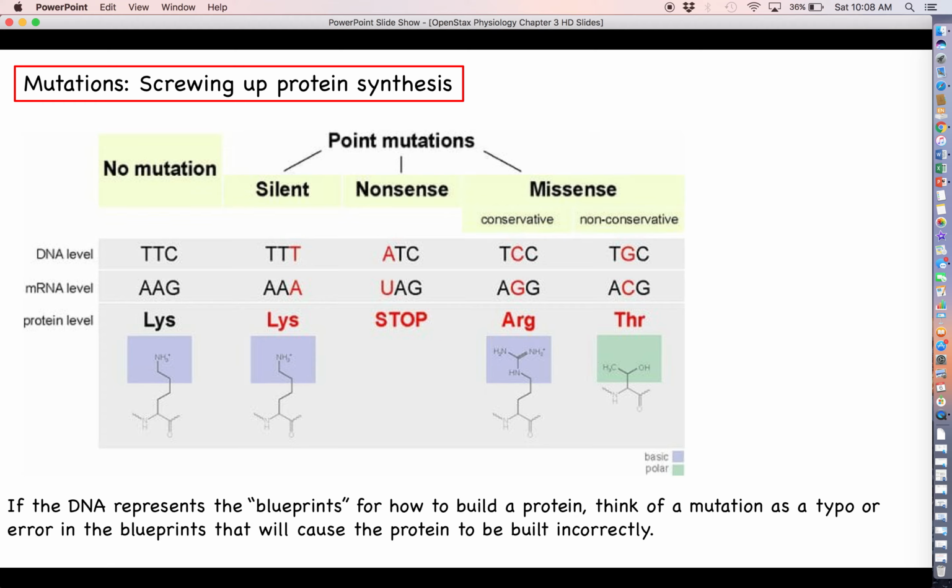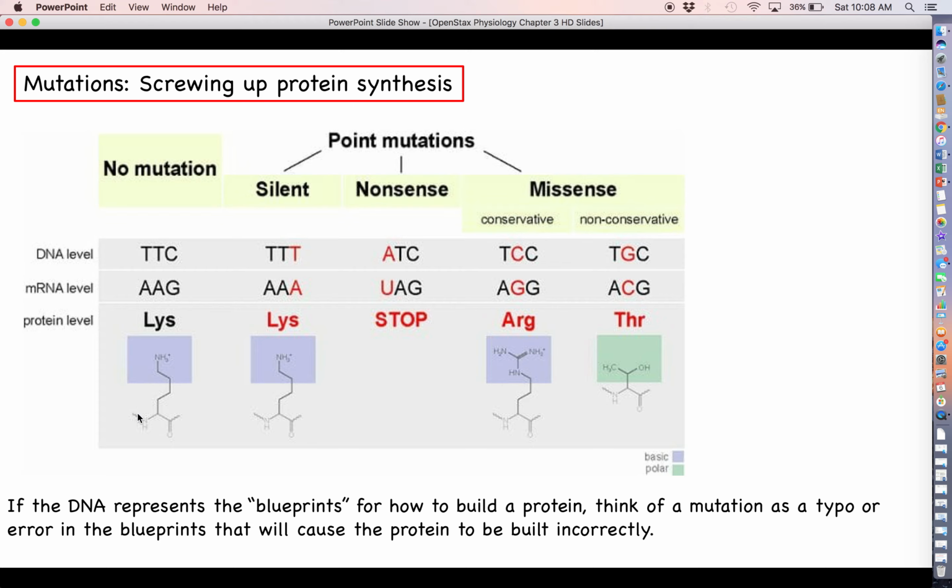There are a number of different ways we can change the blueprints for how we build proteins. And if we change the blueprints significantly enough, then the protein is not going to function correctly, as we saw in cystic fibrosis. So what you're seeing here in this diagram are what are called point mutations, meaning a single nucleotide change that can change how the protein is made.